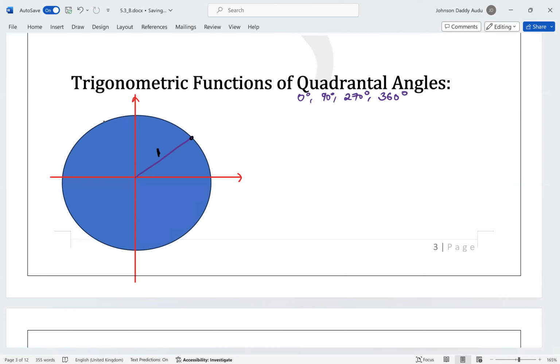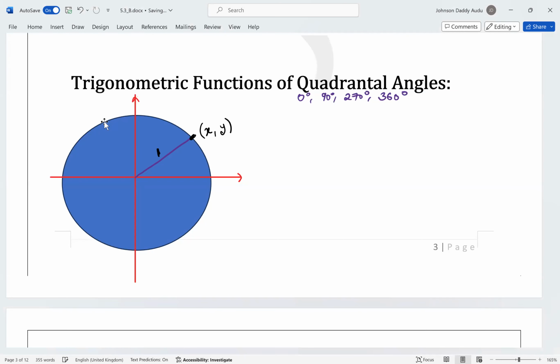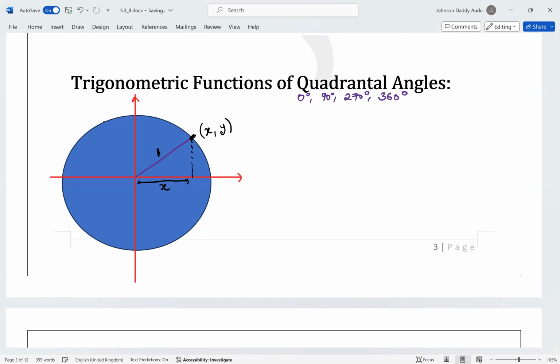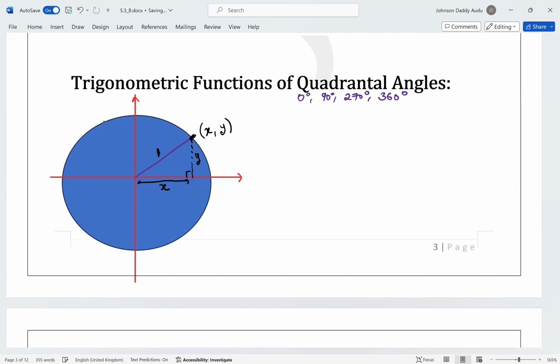Let's take a point on the circle. Every point on it will have x and y coordinates, right? So the distance from here to here is going to be our x, this is going to be our y, and we can have a 90 degree angle.